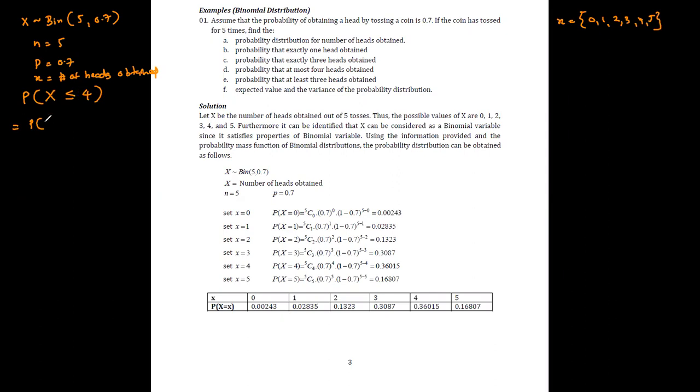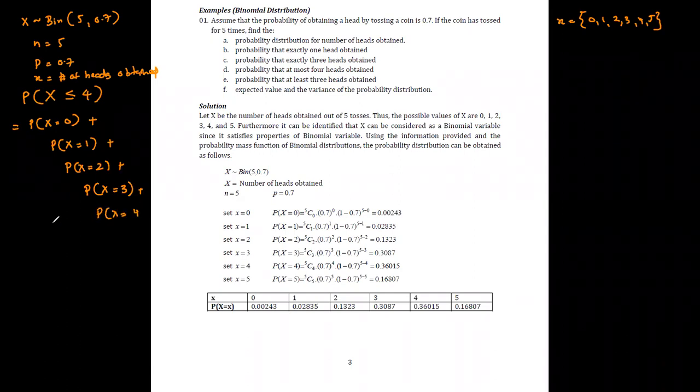Then x less than or equal to 4 means the possible values for x are: probability of x equals 0, then probability of x equals 1, then x equals 2, then x equals 3, as well as x equals 4. Therefore, the summation of these 5 values gives the probability for this quantity.